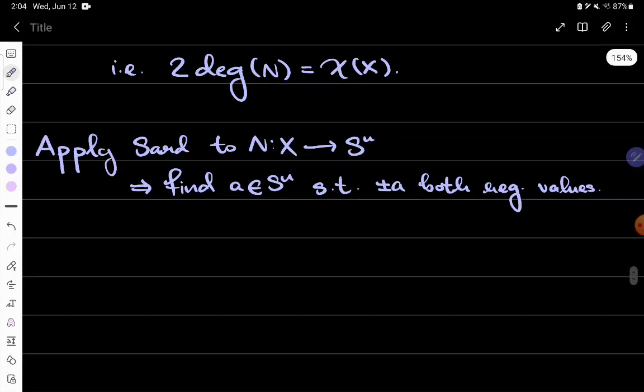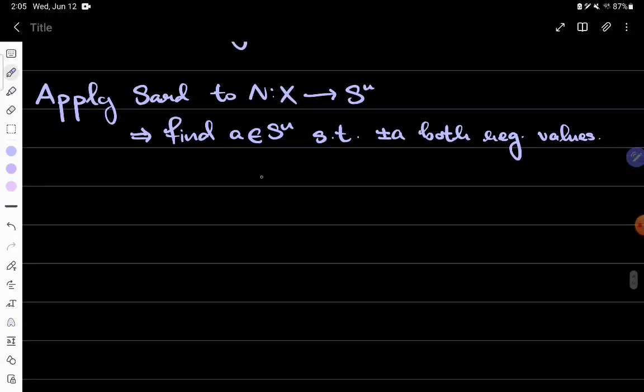If we couldn't do this, then this would violate Sard, because then the regular values would not be the complement of a measure zero set, right? Then they themselves would have measure zero. So now we have these antipodal regular values. I'm going to draw this on the n sphere. Oh dear.